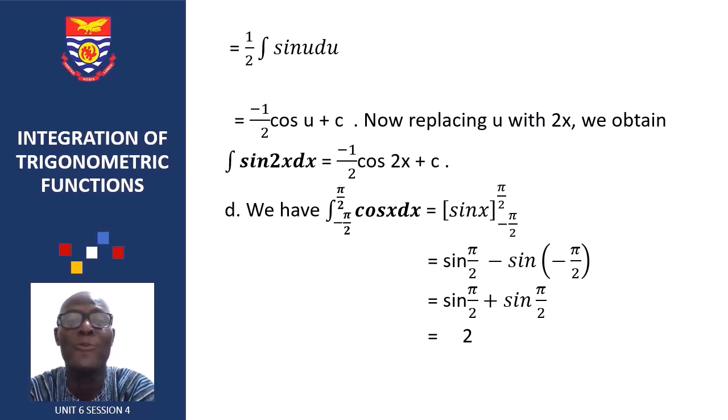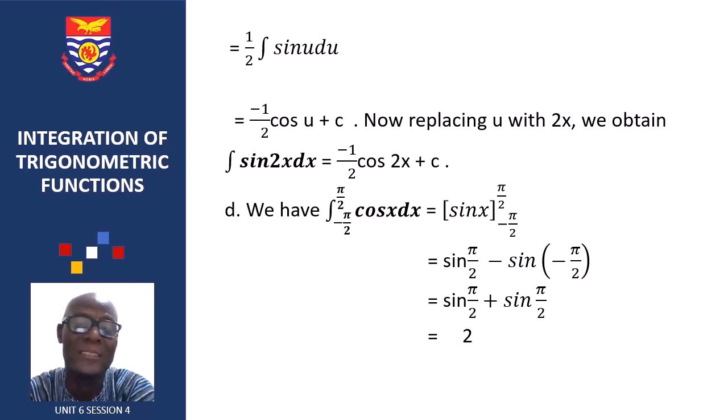But we know if we integrate sine, it gives negative cos. Hence, we have negative half cos u plus c. Now we replace u with 2x, which gives the integral of sine 2x dx equals negative half cos 2x plus c.